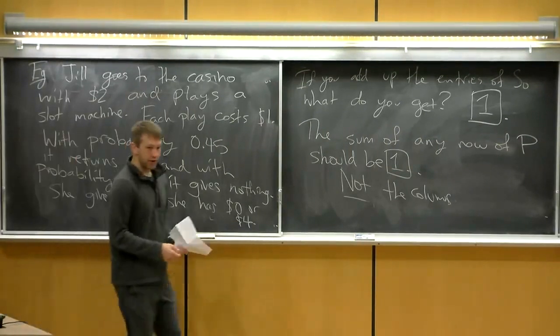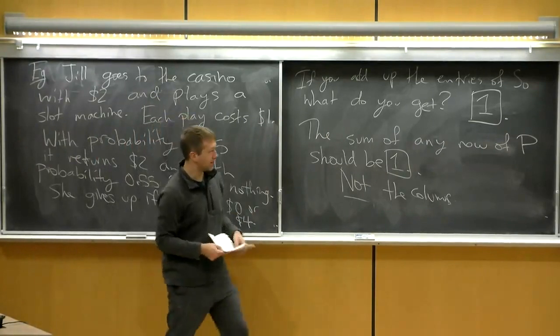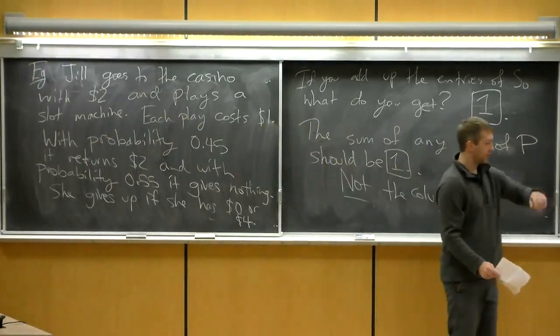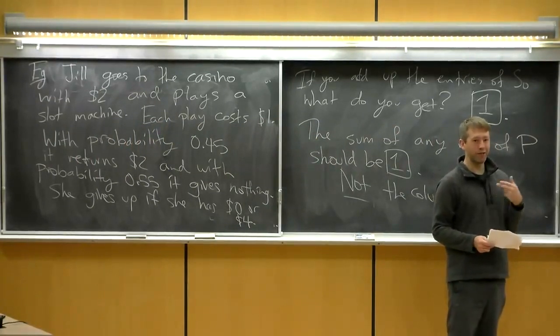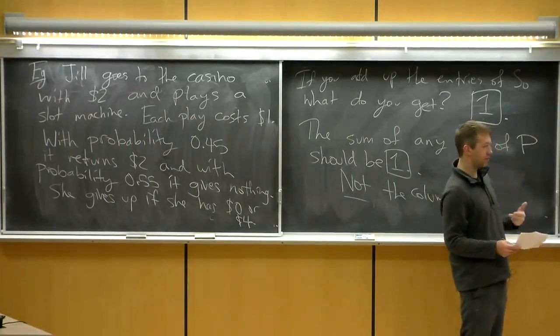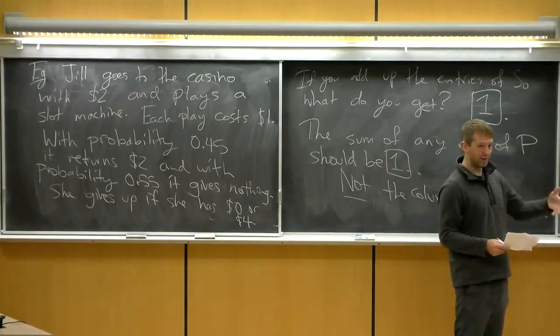Okay, so here's the nice thing. We can take these matrices and use them, with matrix multiplication, to determine the probability of being in any given state after any number of steps.